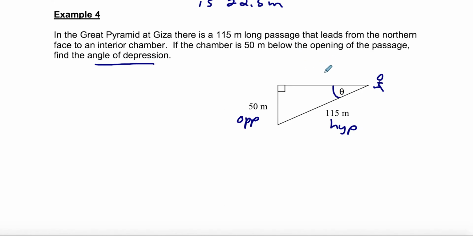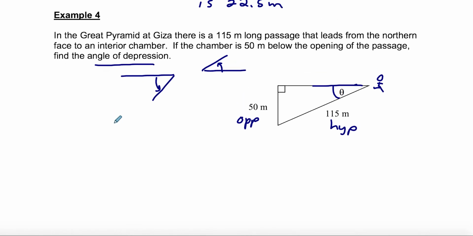Angle of depression is from the horizontal down. The angle of elevation is always from the horizontal up. So we're just trying to find the angle here.